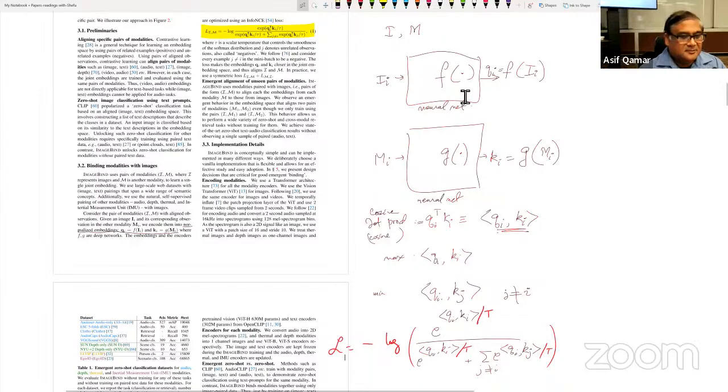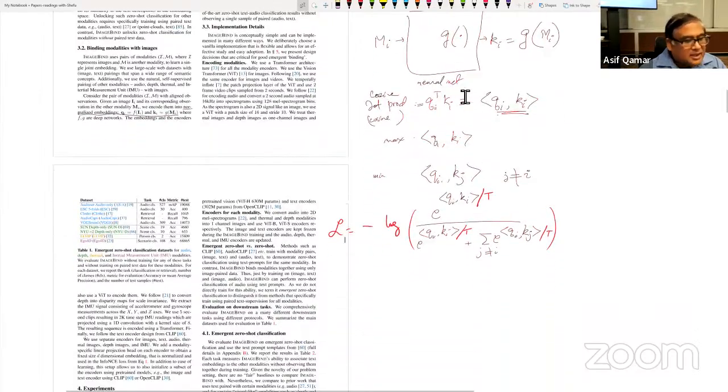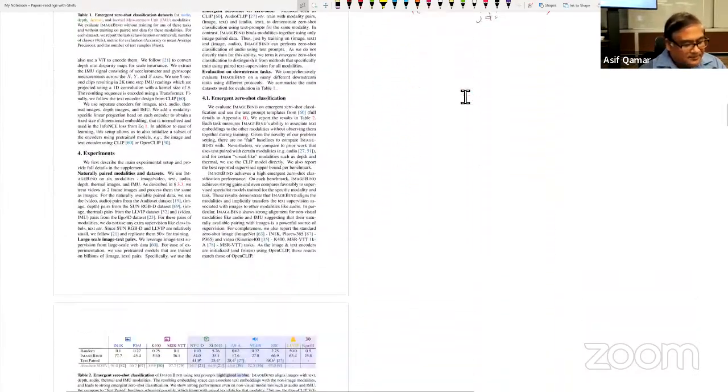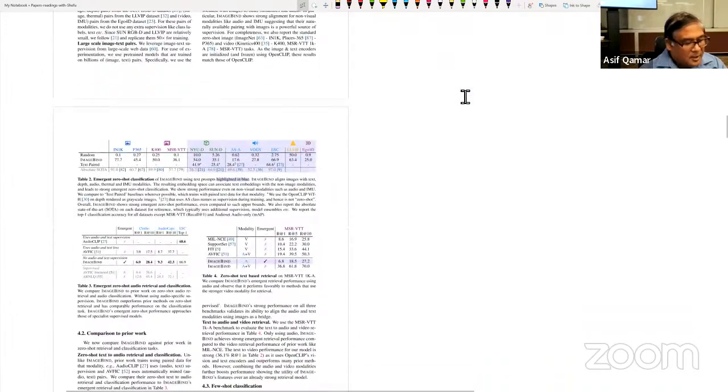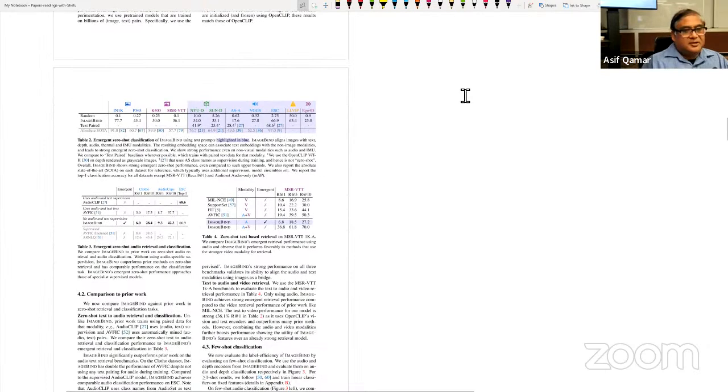The rest of that is details of how you get the data, what you do, and how well it does. You can see that if you look at these numbers, they are doing pretty good actually. You realize that doing ImageBind leads to close to state-of-the-art results and often beating the state-of-the-art results.